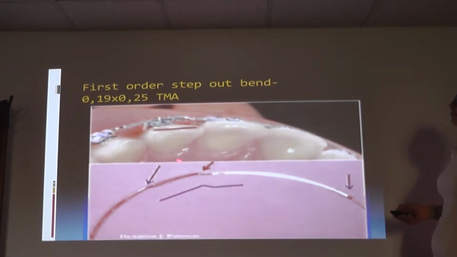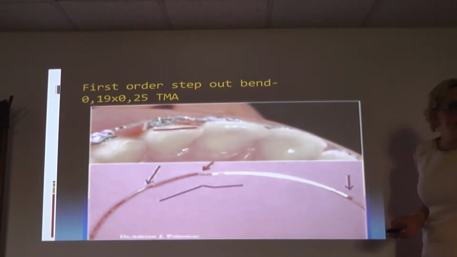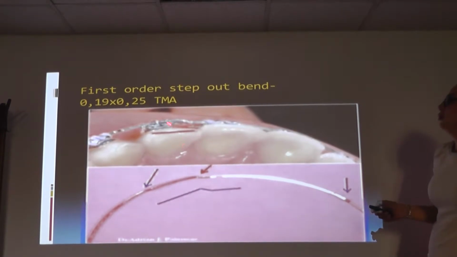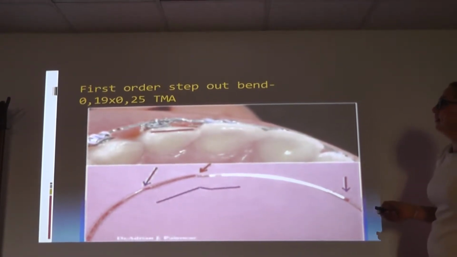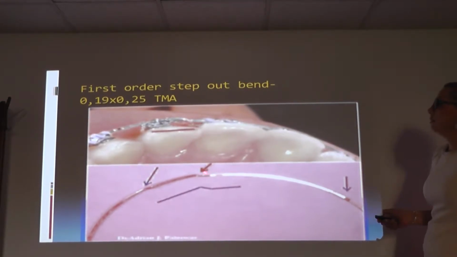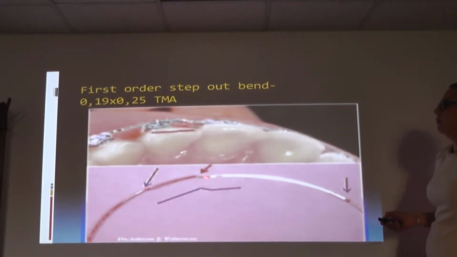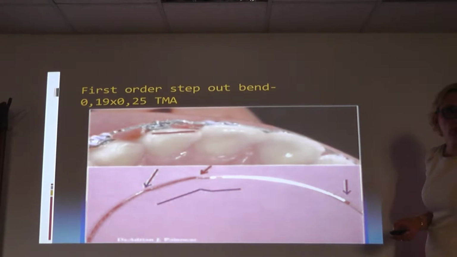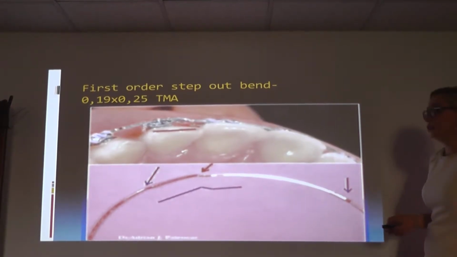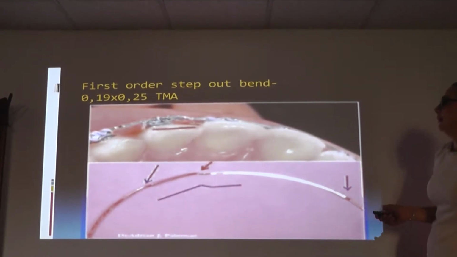And you have a choice. You can reposition the brackets, sandblasting, etching, or you can make these step out bends. My recommendation is to do it out of the mouth, because it's not comfortable for a patient if you do it in the mouth.